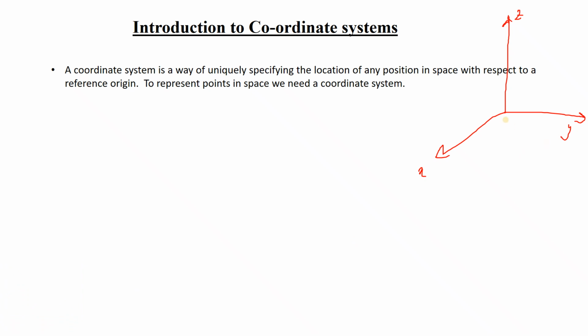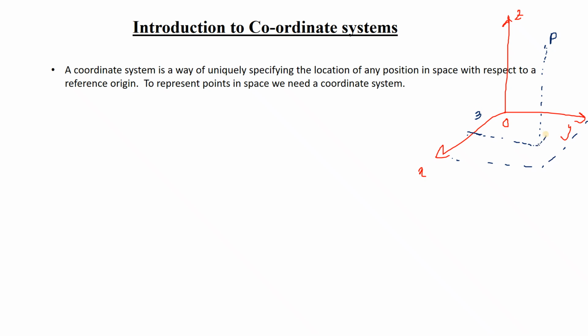Suppose this is called the origin, this is 0, and if you have a point somewhere in 3 dimension, say point P, how to locate it? We just draw a perpendicular line on this plane. Then you will measure the distance.